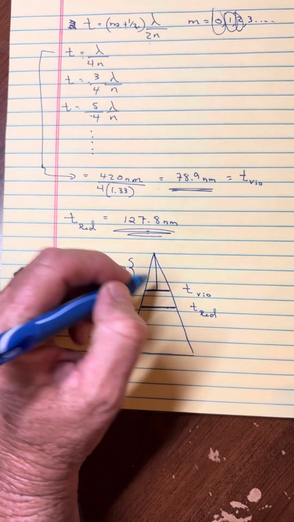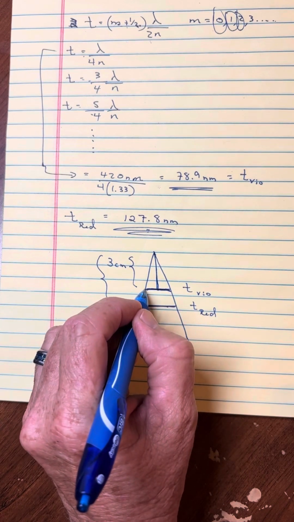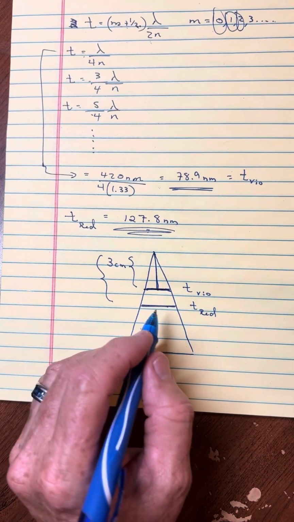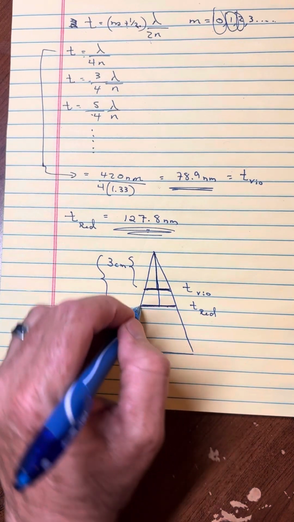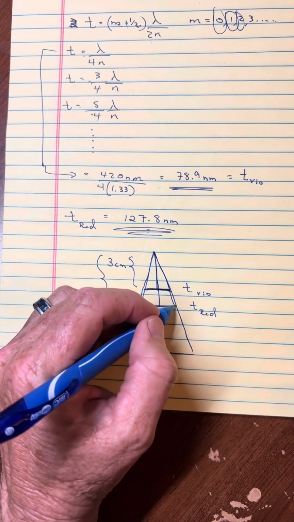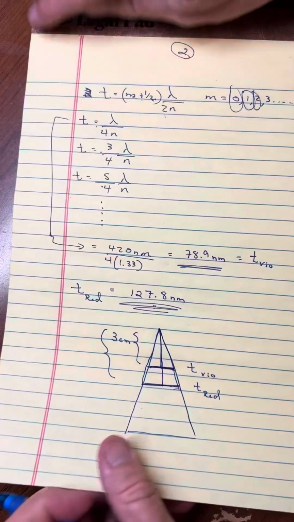But you can see the similar triangle setup. If I look at the violet one and do its height over its base, and then compare that to the red one, which is its height over its base, I can do a quick bit of geometry with similar triangles.